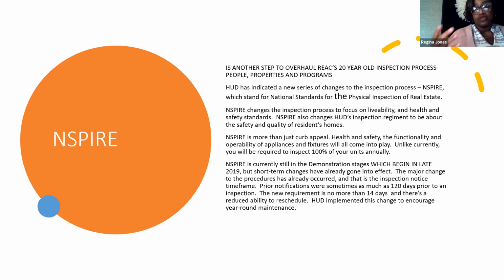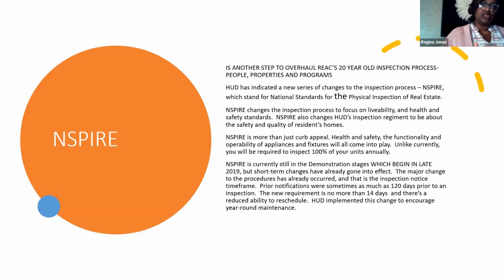And currently, as most of you know, INSPIRE is in the demonstration stages, which began in late 2019, but there are currently some short-term changes that have already taken place. And some of you may have felt those already. If you recall, prior notifications were sometimes as much as 120 days prior to the inspection, which normally averaged more about 60 to 90 days.